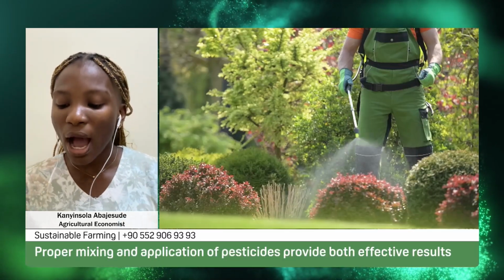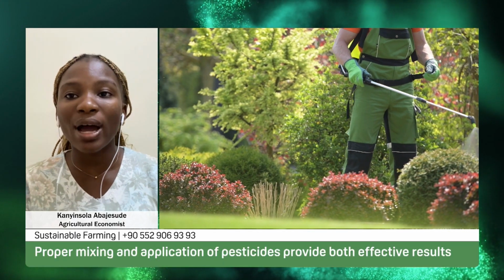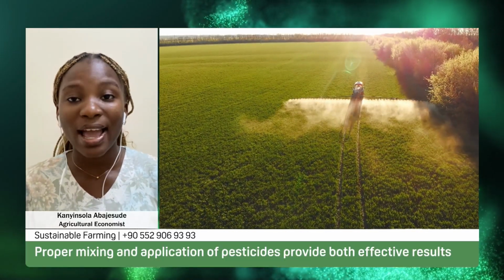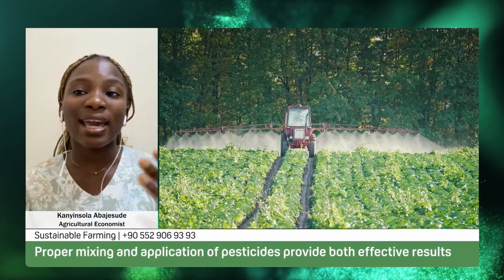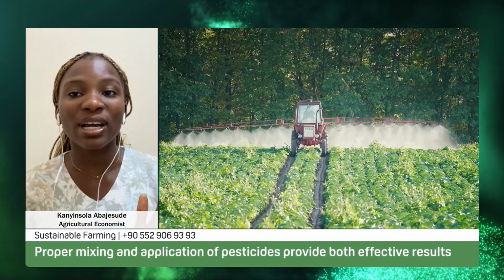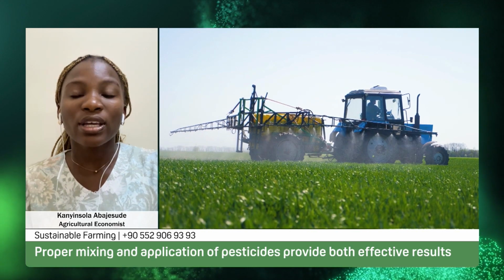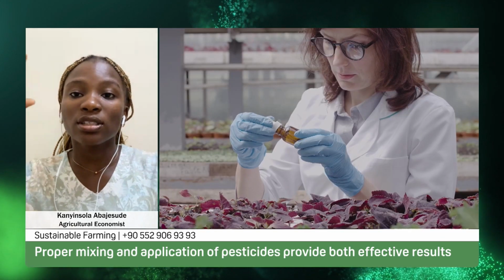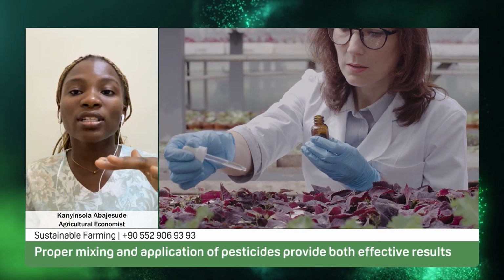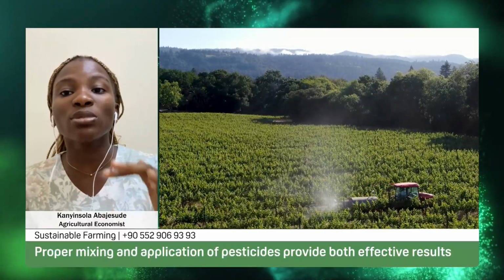Now, let's go to how we mix and apply pesticide. What is the right way to mix and apply pesticide? Now, some people add water to chemical. No, the best way is adding chemical to water. For example, you already have your knapsack sprayer or your calibrated sprayer, and you have the right amount of water which you've gotten from the label.